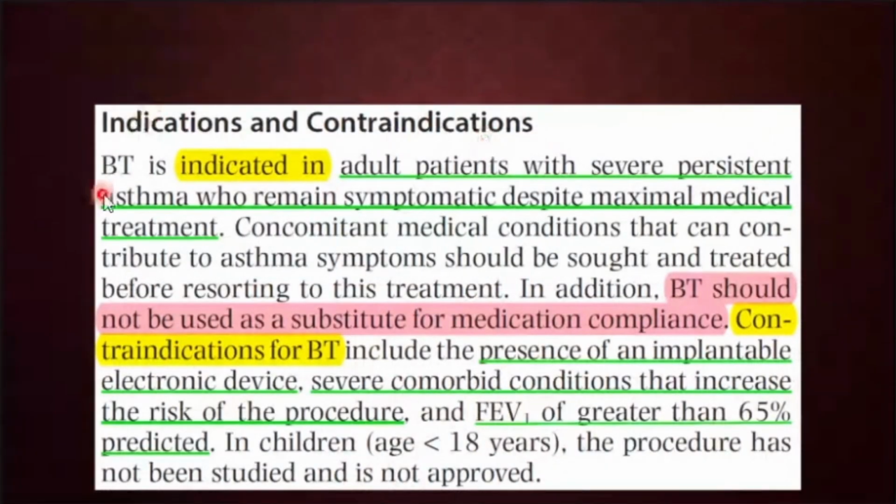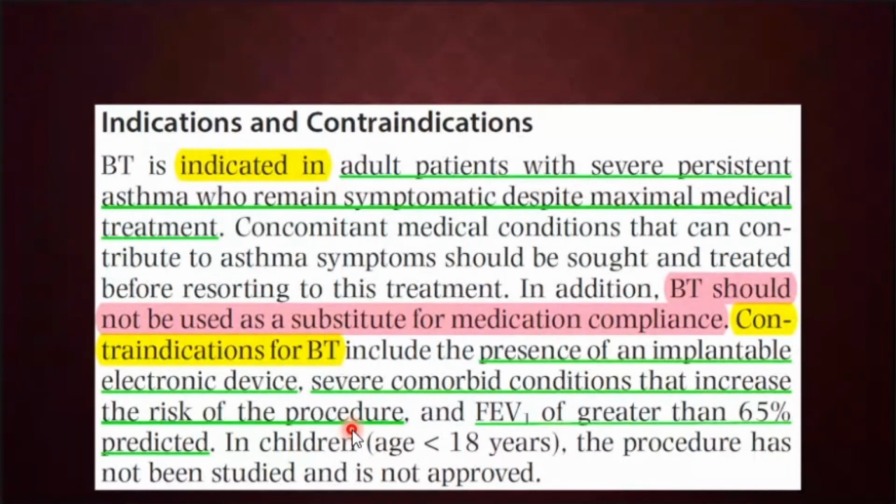So the indications, again: adult patients with severe persistent asthma who remain symptomatic despite maximal medical treatment. You should remember bronchial thermoplasty should not be used as a substitute for medical compliance. Contraindications for bronchial thermoplasty are the presence of any implantable electronic device, any comorbid conditions that increase the risk of the procedure, obesity, underlying COPD or COPD-asthma overlap.